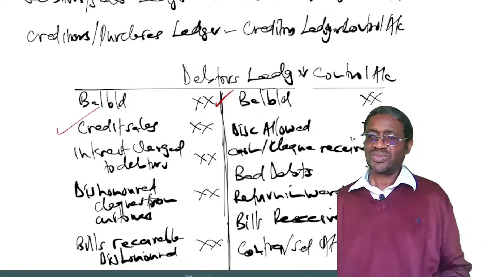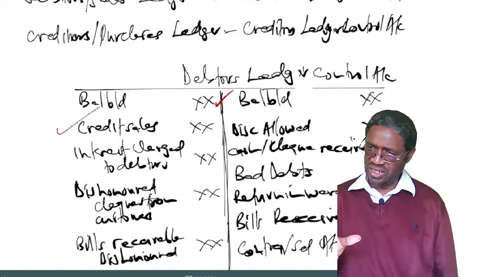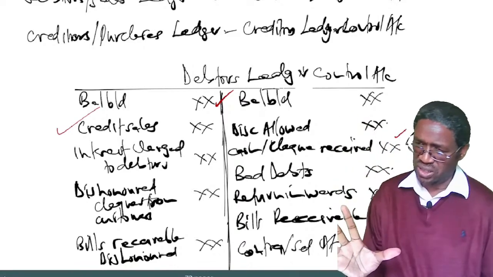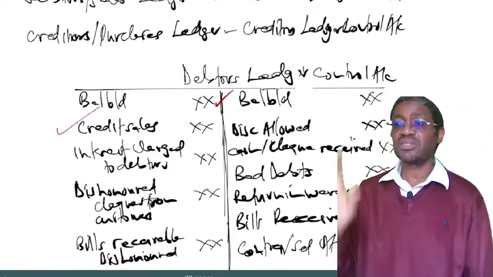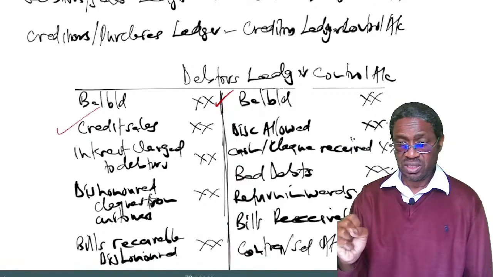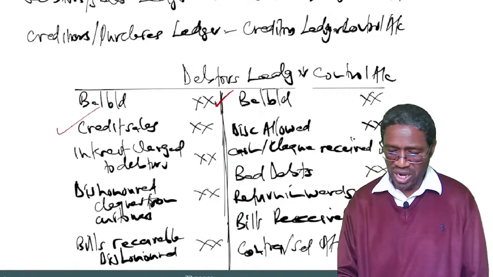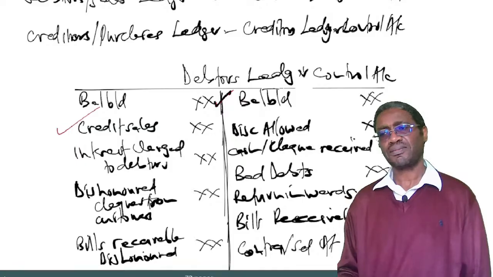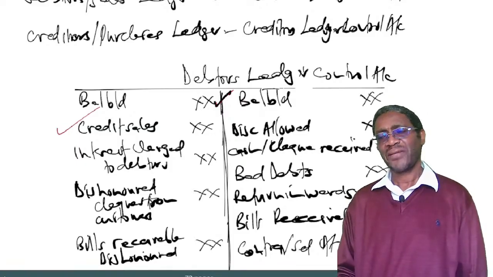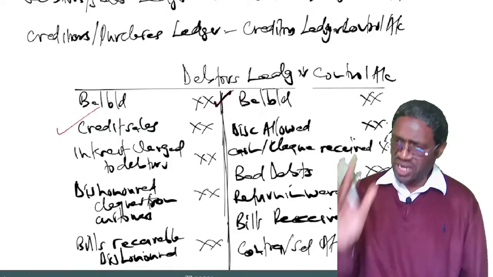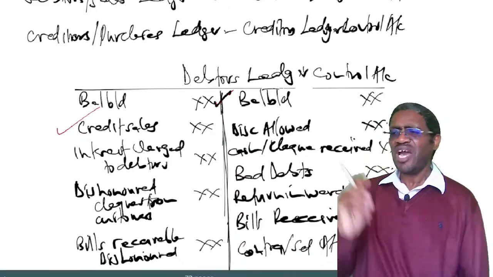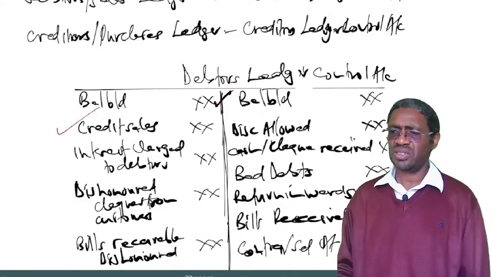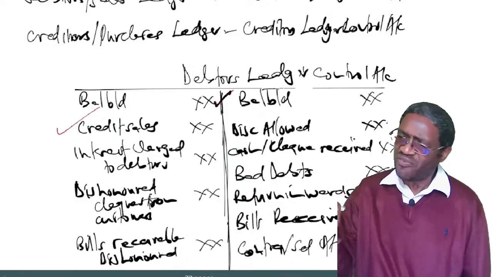So, I have emphasized and said, in most cases, debtors are always a debit balance. So that's why it's always brought down by the beginning of the year to represent the customers who owe you. But there are few of your customers who could have overpaid you.